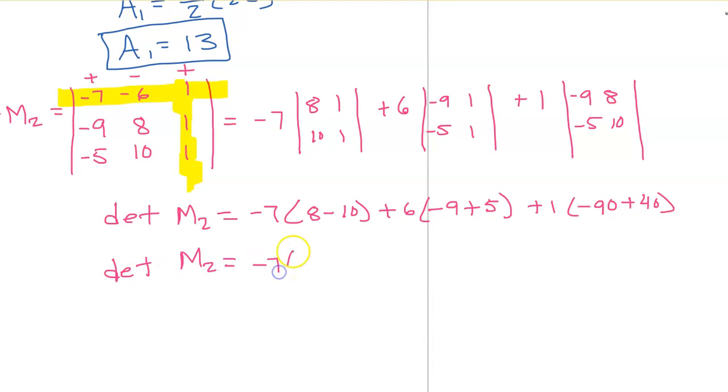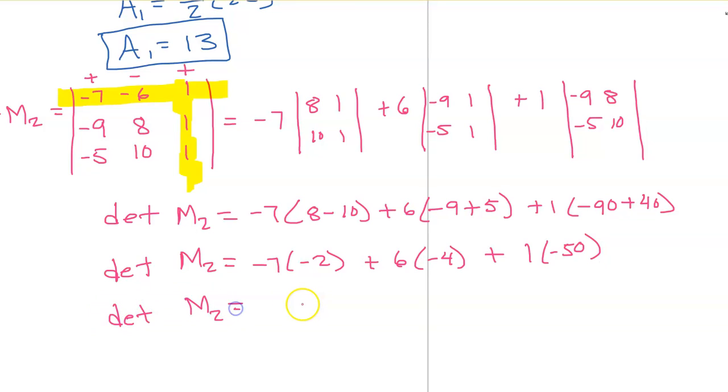So this will be -7 times -2 plus 6 times -4 plus 1 times -50. All right, so the determinant of matrix 2 is going to equal +14 minus 24 minus 50.